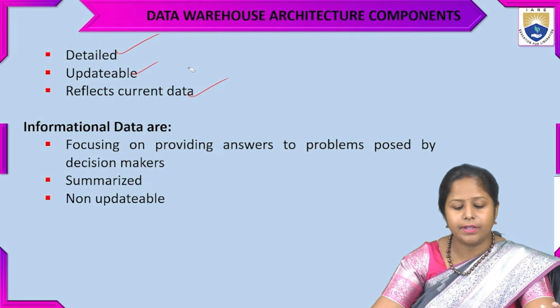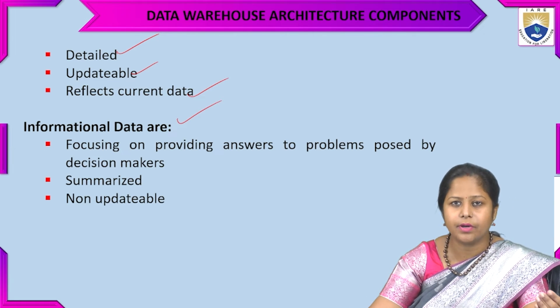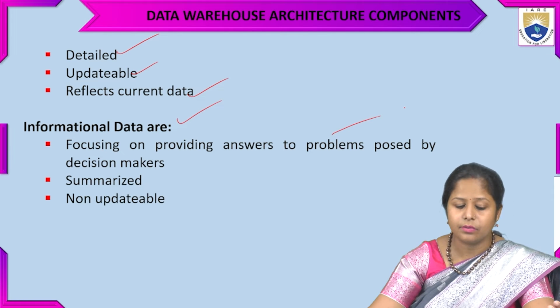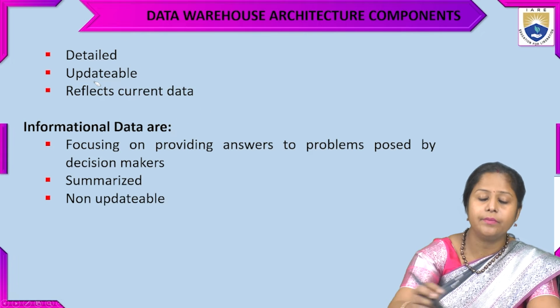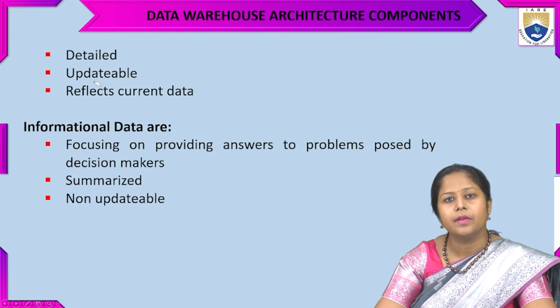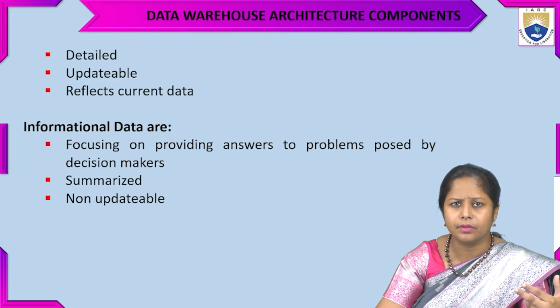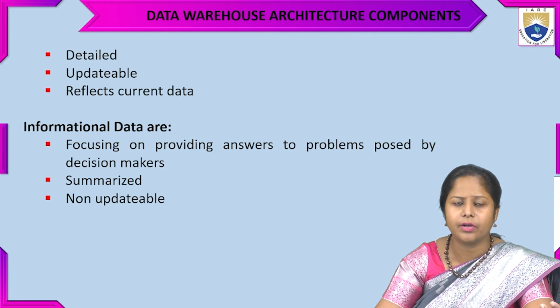Now, what is the informational data? That is the data that focuses on providing answers to problems, given by the decision makers. The data is related to giving information that will answer the query.